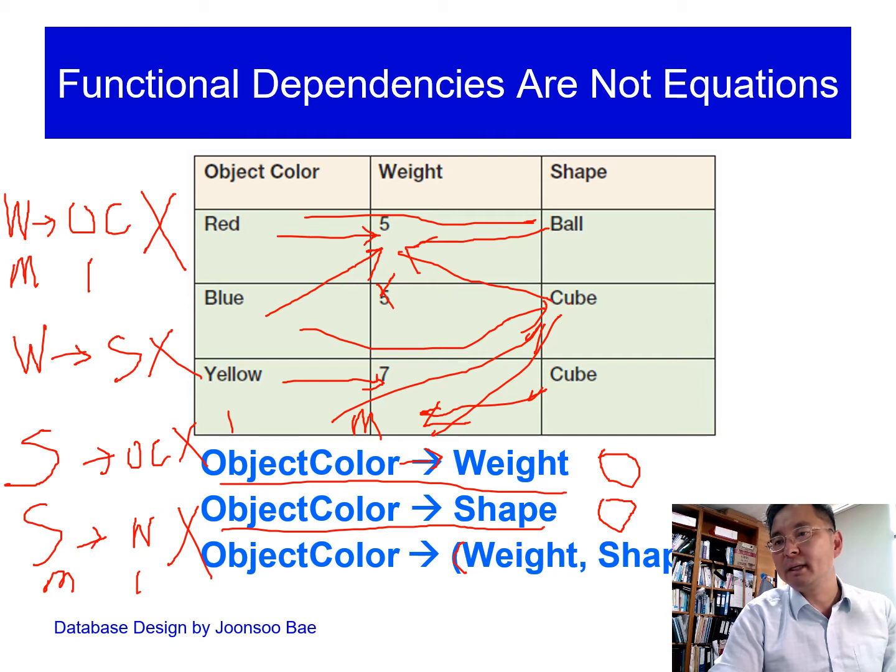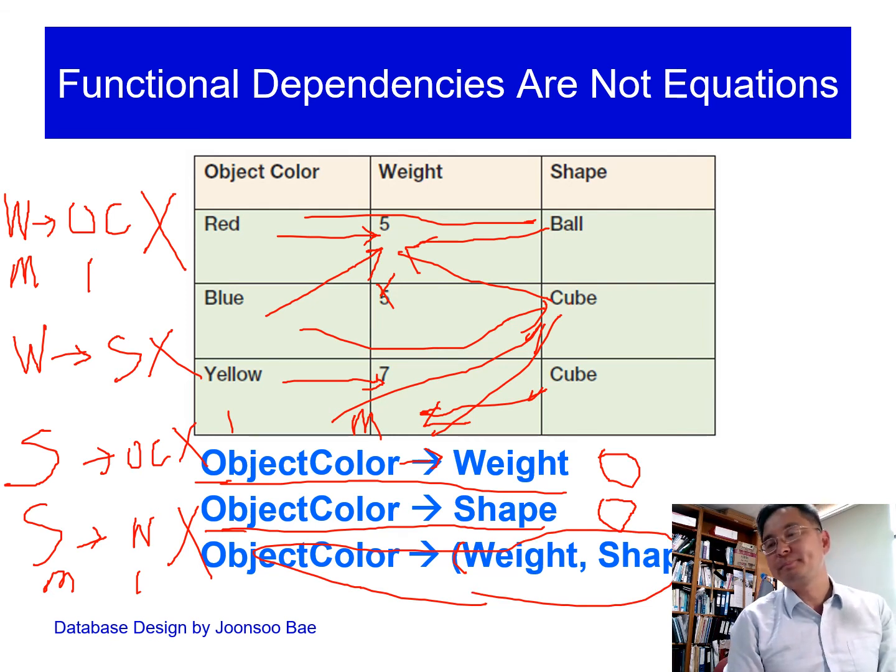So you can represent these two lines or this one line, the same meaning. Okay, in this way, you must identify every possible functional dependency between attributes in a relation. So that is the first step of normalization or primary keys. Yes, it's very important here.